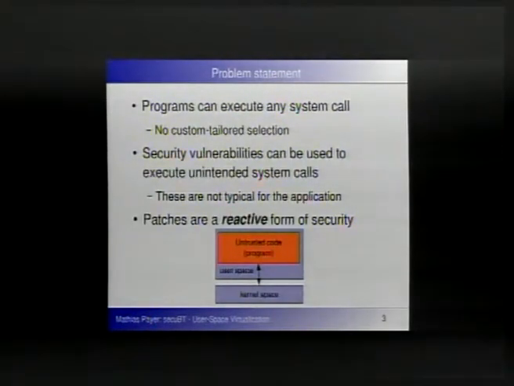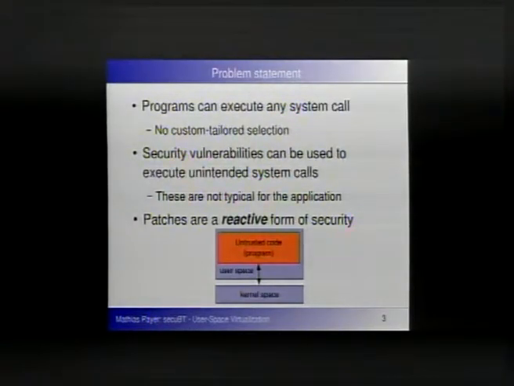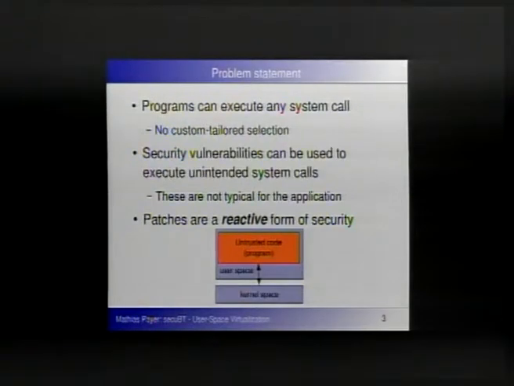But the current flow of security or risk analysis is that we have patches that are downloaded or software that is updated, and software is restarted, and then we kind of fix the security vulnerability.